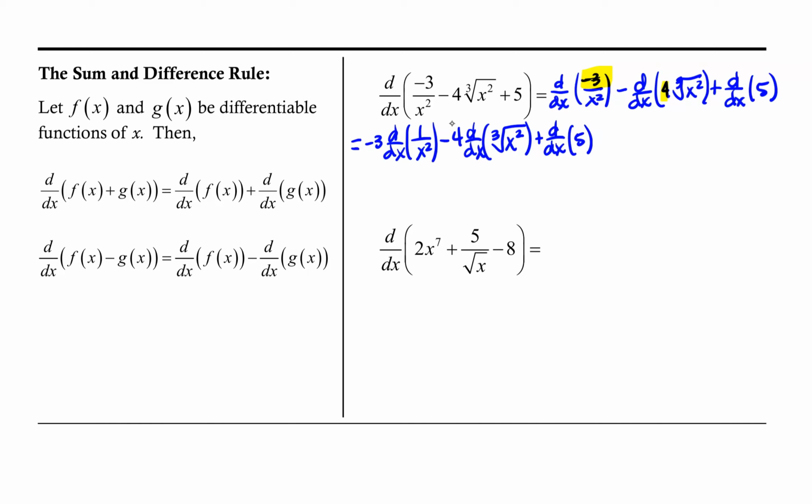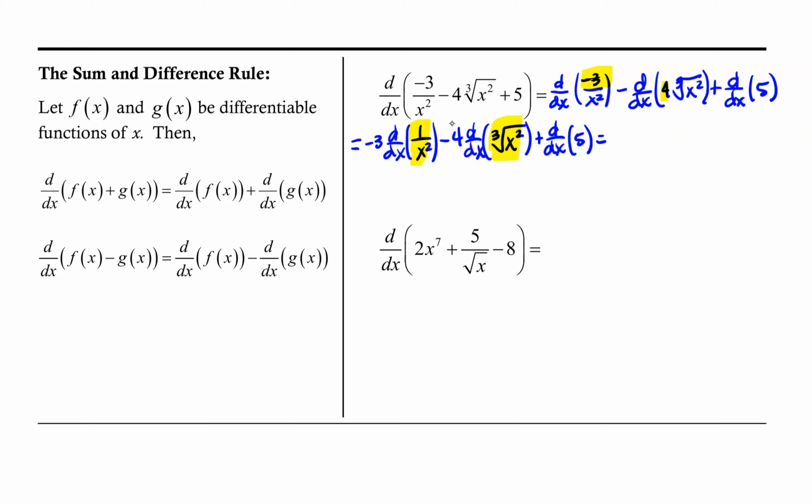Now, we want to be able to apply the power rule for the 1 over x squared function and the cube root of x squared function. So we will rewrite both of those in a form that allows us to do that, using our knowledge of negative exponents for the 1 over x squared, and rational exponents and radicals to rewrite the cube root of x squared.